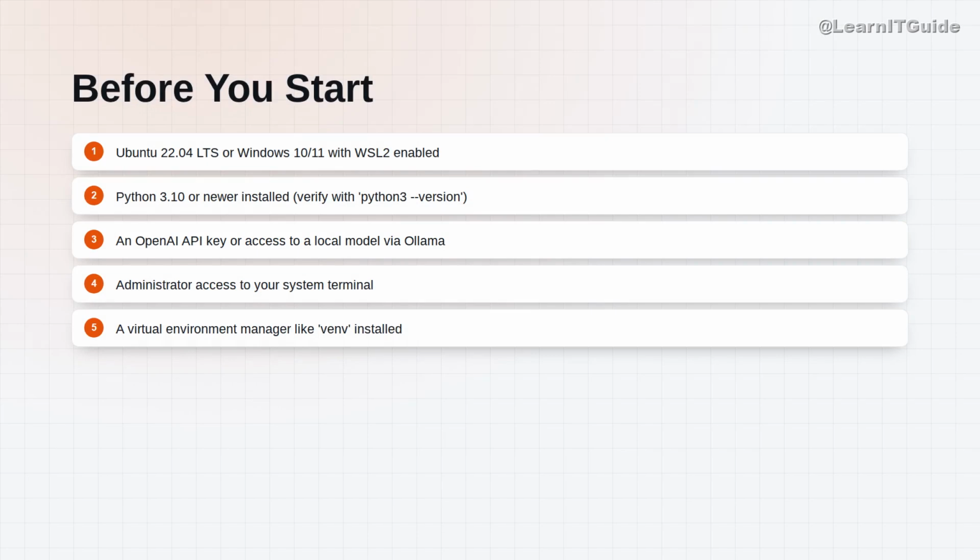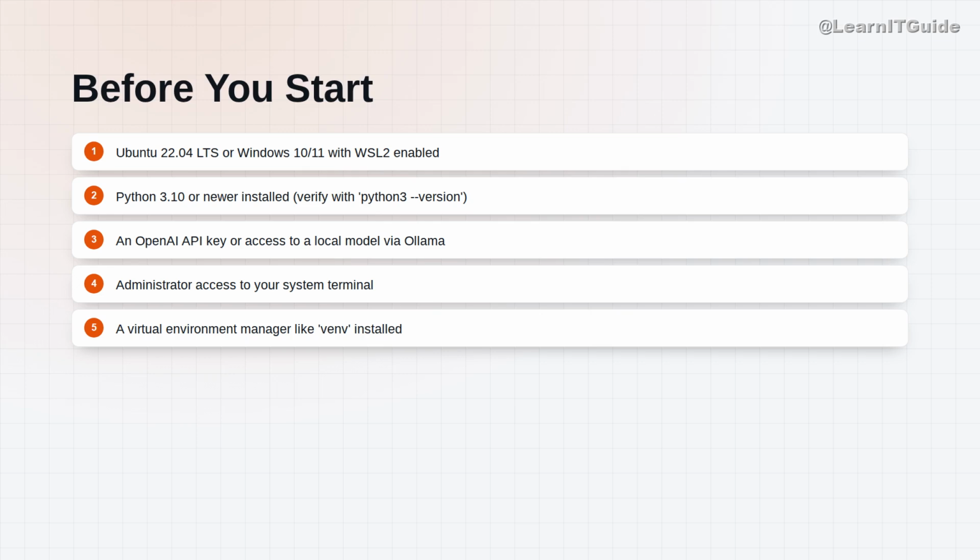First, you need a Linux-based environment. If you are on Windows, use the Windows Subsystem for Linux, which is the industry standard for production AI development. You must have Python version 3.10 or higher installed. You can check this by running the Python command with the version flag. If you are missing it, install it from the official site.